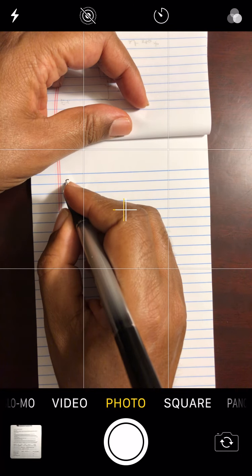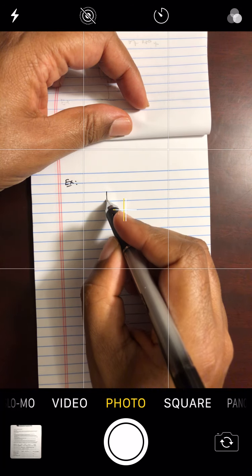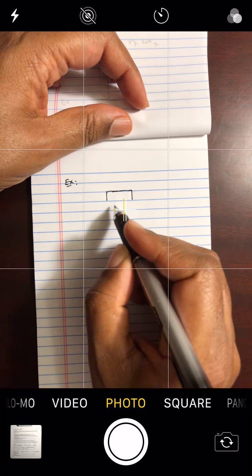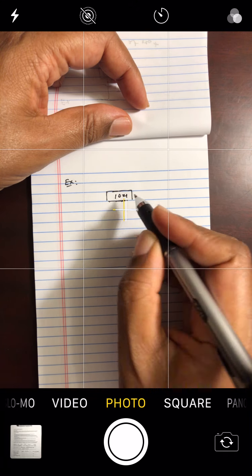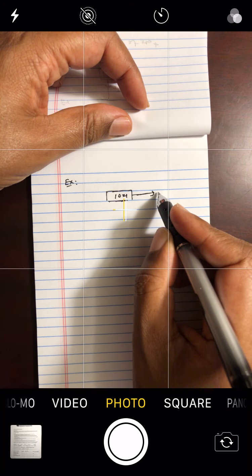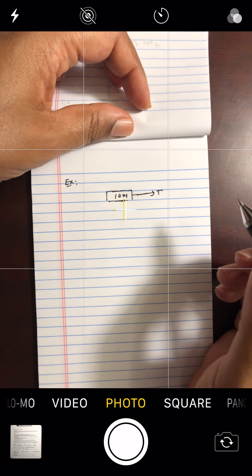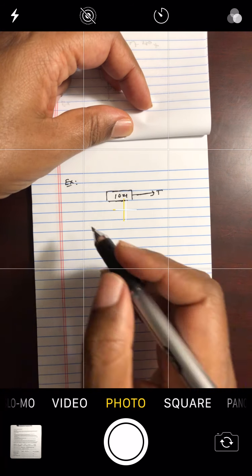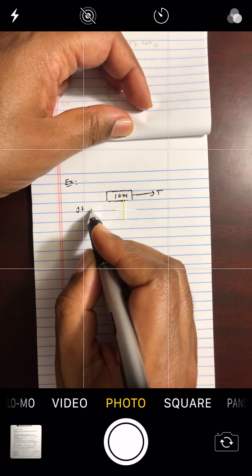Another example. Suppose we have this object. Once again, it's a 10 kilogram object. Now it's being pulled by an unknown force to the right, but we know it's moving with a uniform speed.